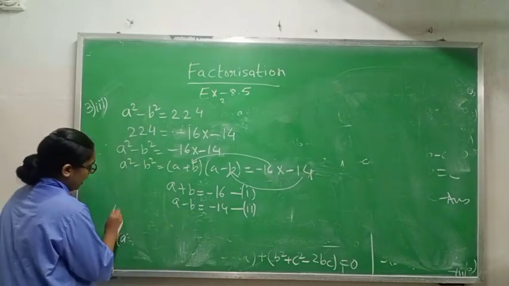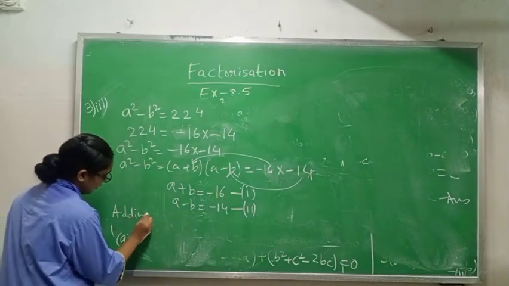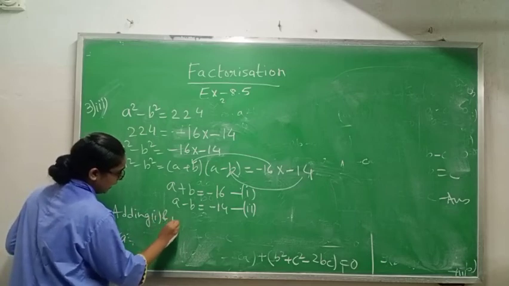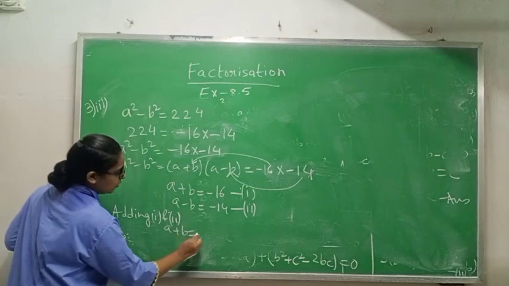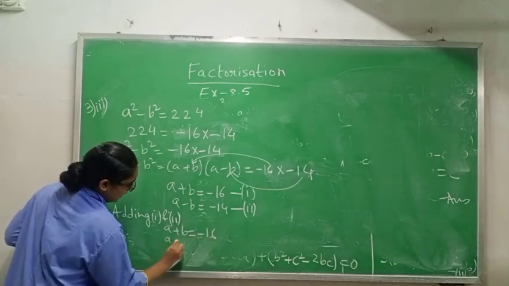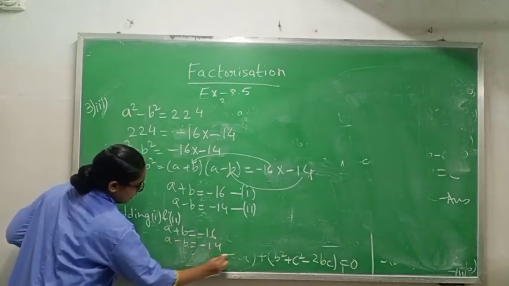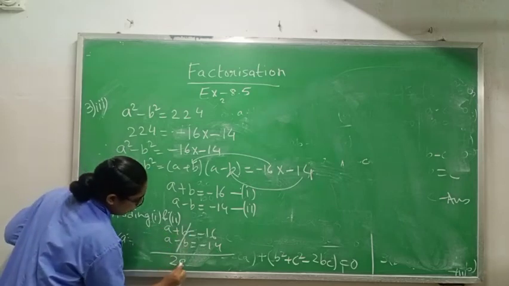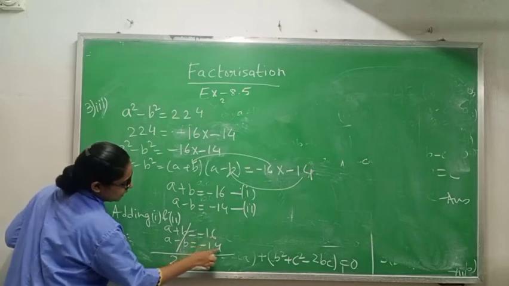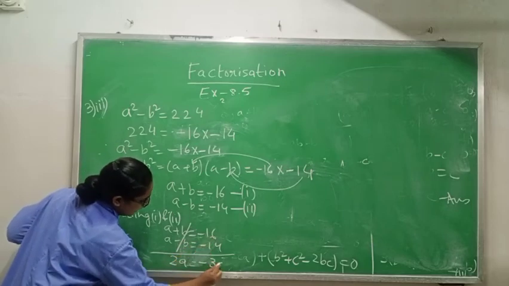Meaning what you will do is add 1 and 2. If you add 1 and 2, a plus b equals minus 16, a minus b equals minus 14. Now see, plus b minus b will cancel out, a plus a is 2a. Minus 16 minus 14 will give you minus 30.